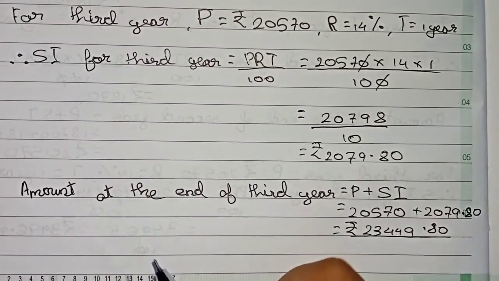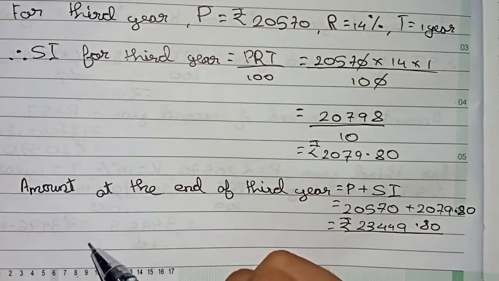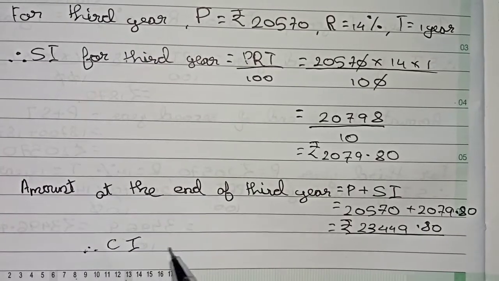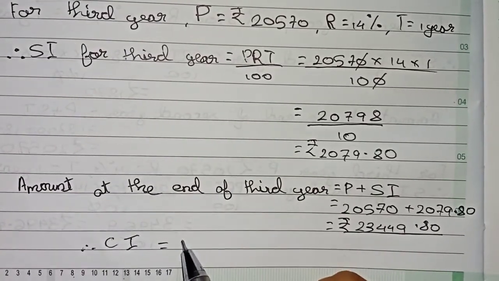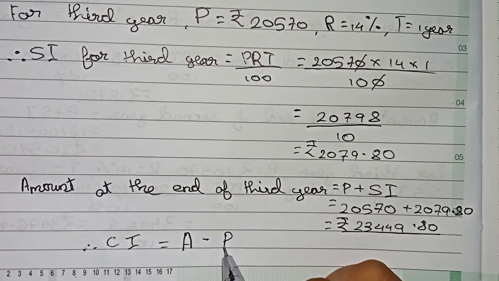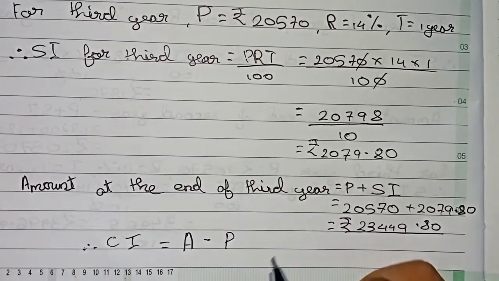Now our final task is to find the compound interest. For that we write: CI, or the compound interest, will be equal to the amount minus the original principal, that means the principal from which you start the question, that is 17,000.